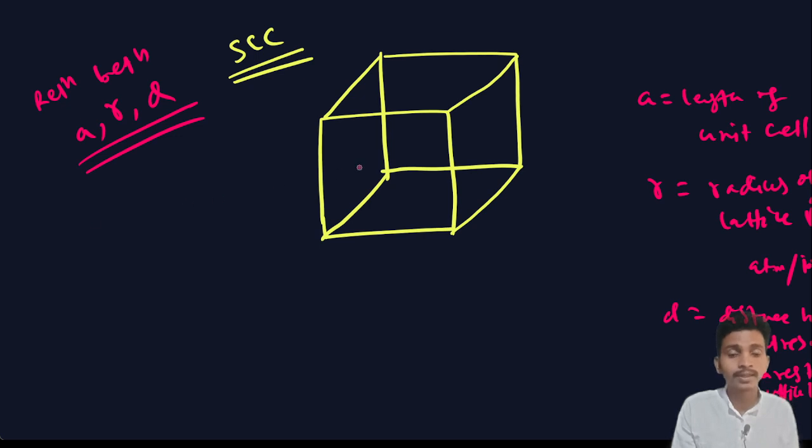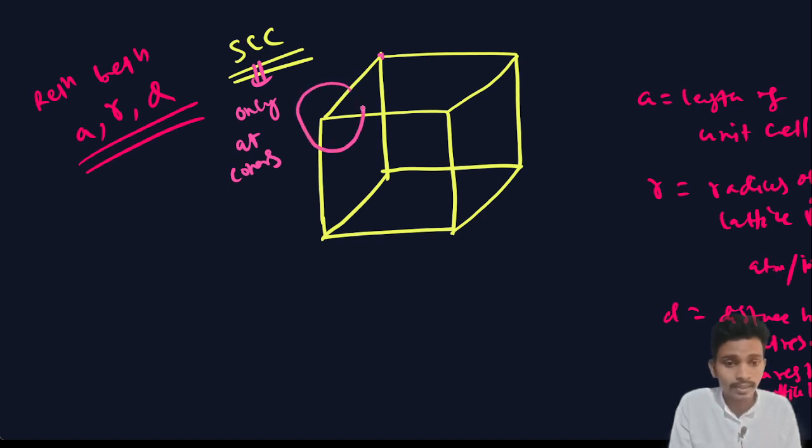Here lattice points are present only at the corners. So I draw the lattice points at the corners, and they touch each other, like this.